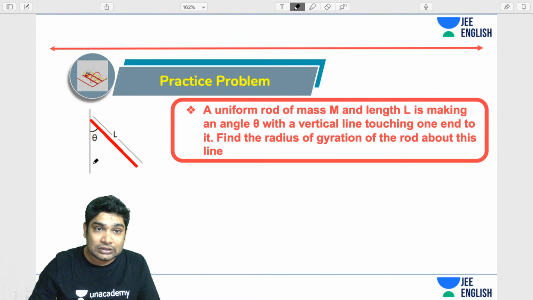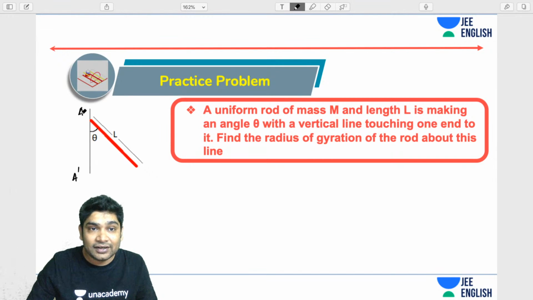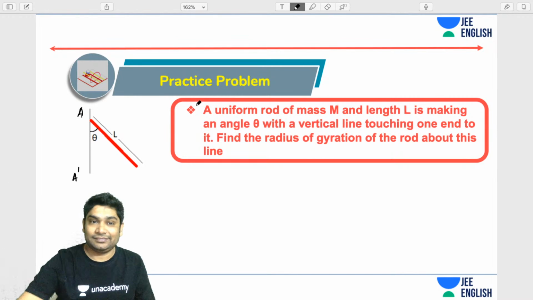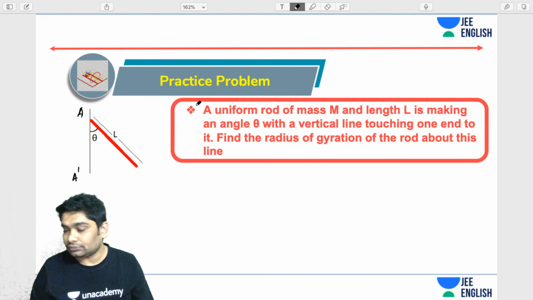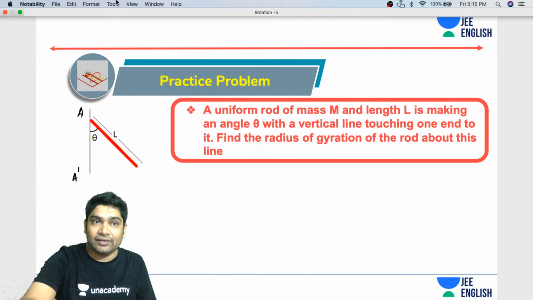Let's call this one A dash now. So find me the radius of gyration about A dash. Okay, Rishabh, give it a try.